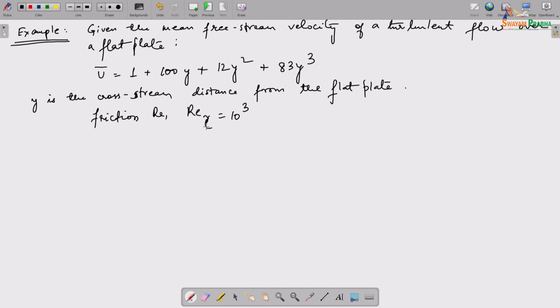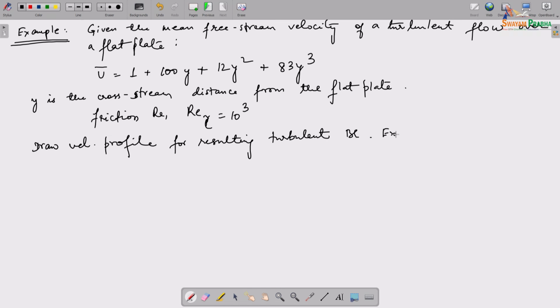So the friction Reynolds number is 10 to the power 3. Now draw the velocity profile for the resulting turbulent boundary layer, and explain and indicate in detail various aspects of the resulting velocity profile in the turbulent boundary layer. I think we can do that.